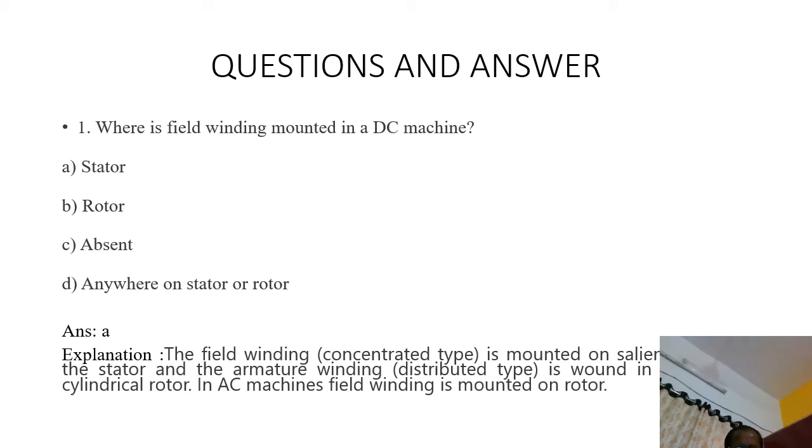The outer frame of the machine is the yoke, which is required to provide mechanical protection. Small and large machines require cast iron and rolled steel type of materials.